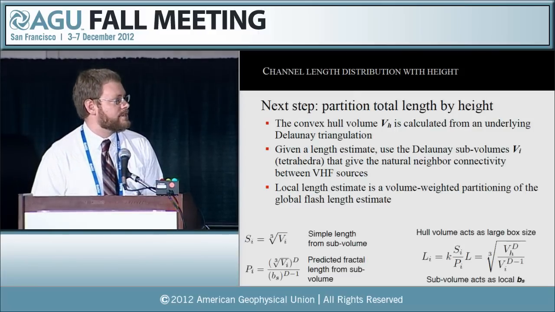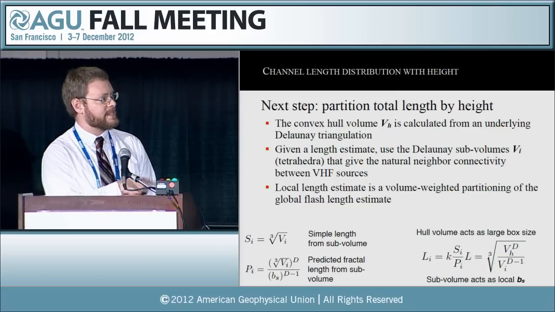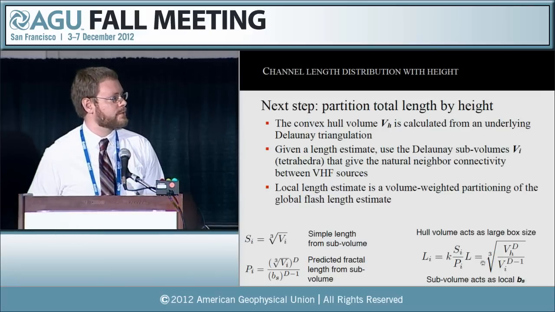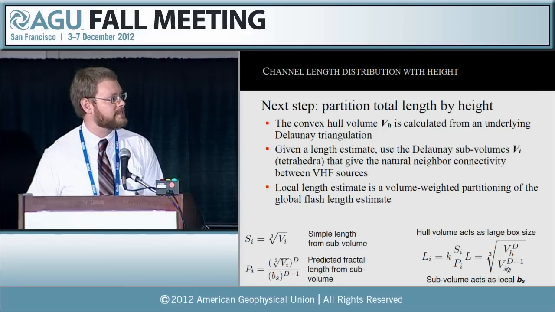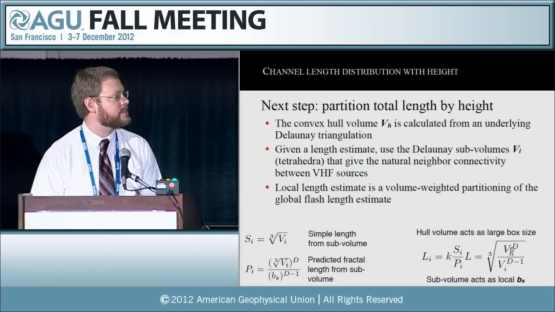All right, so there's the equations to do that, and the length estimate is in the end given by the lower right-hand equation, and it has a nice symmetry with our other method. These individual subvolumes act as our local box size, and then there's this global hull volume that we'll use.